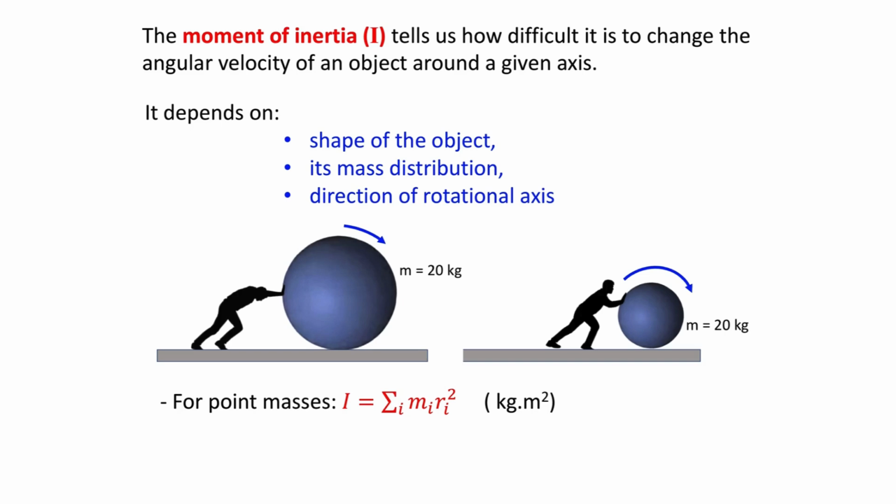We need to add up the contribution of each particle in this equation. We need to add up m times r squared for all particles to find the total moment of inertia. And the unit for moment of inertia is kilogram meter squared.